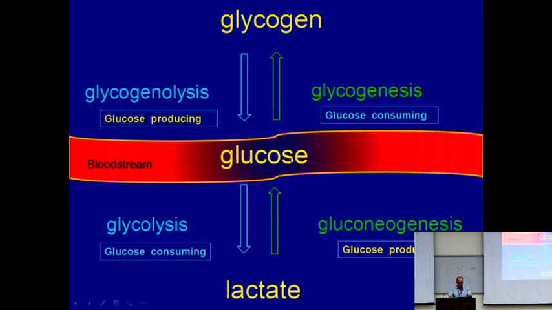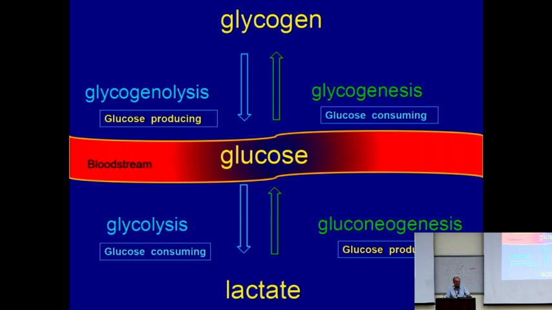It goes into the tissues. One of the ways you can use glucose when there's plenty of it is to store it. And where do you store it? You store it in 2 distinct organs: liver and muscle.